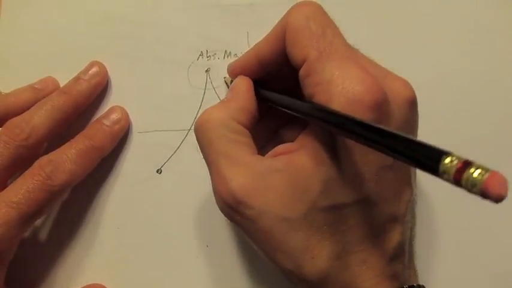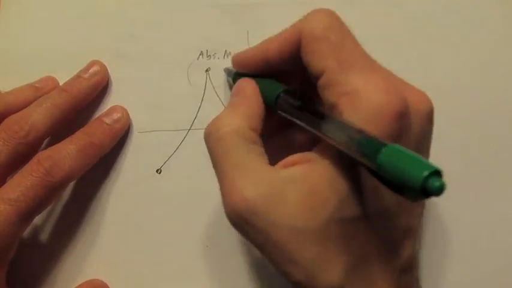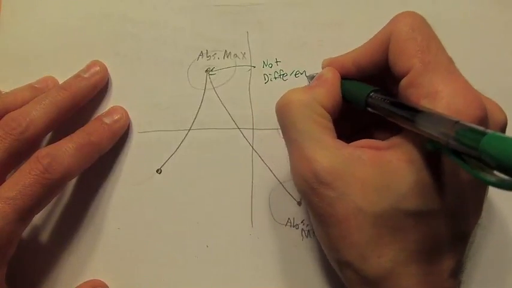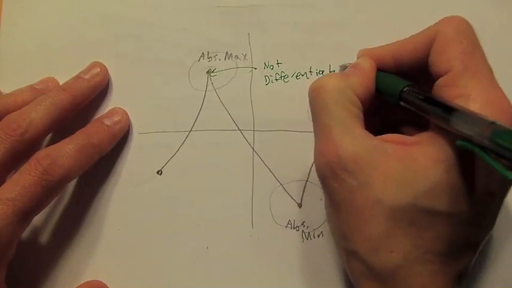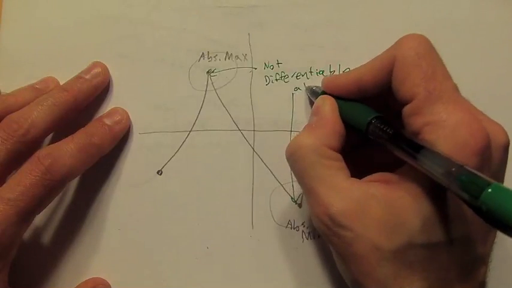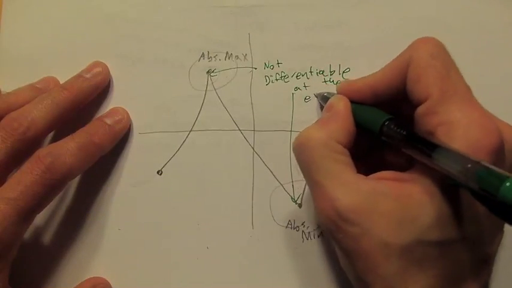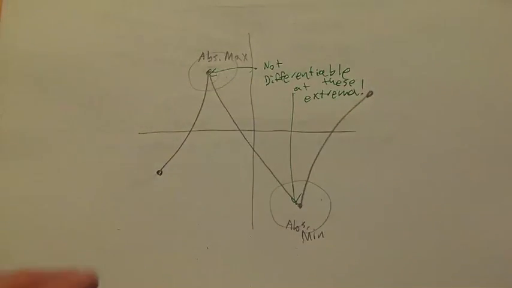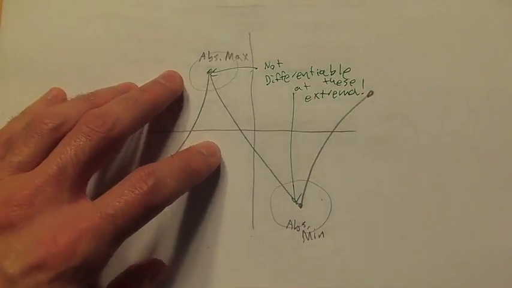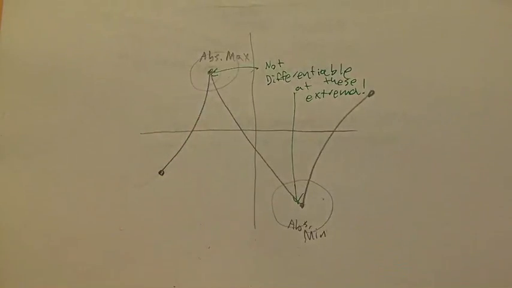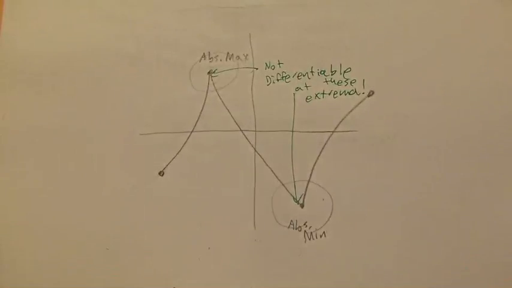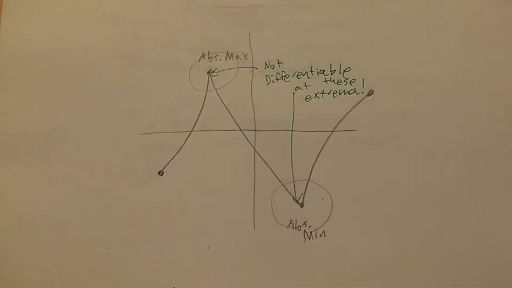In fact, here the derivatives don't exist. The function is not differentiable at these extrema. But there are still extrema all the same. There's still an absolute max, or you could even think of it as a local max, as if these kept going. So what this basically means is that we also need to look at places where the function is not differentiable.